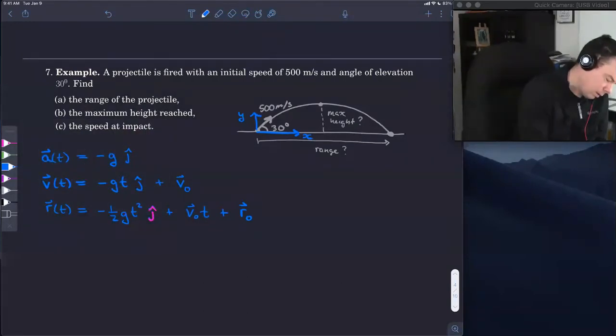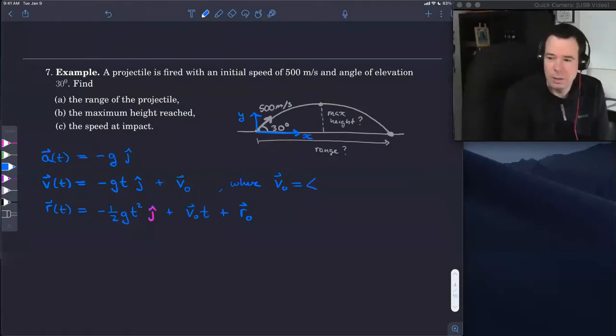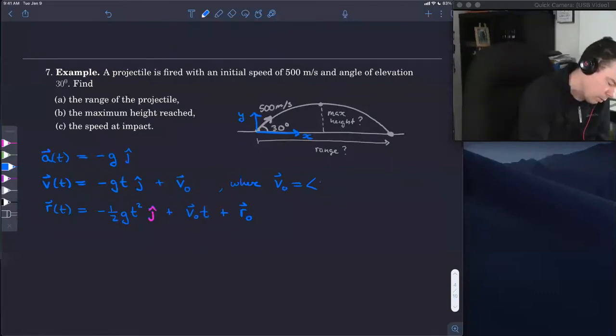What is V naught? That's our initial velocity. So I look at my initial velocity and I say, well, the speed is 500 and it's got a launch angle of 30 degrees. So it's 500 cosine of 30 degrees and 500 sine of 30 degrees.